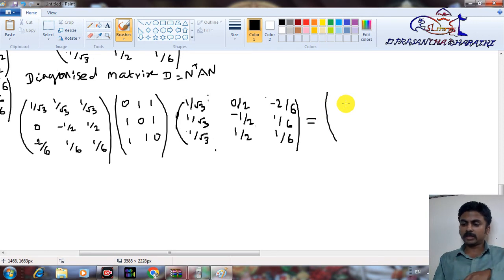For any triangular matrix, the eigenvalues are nothing but the main diagonal elements. Here we will have only a diagonalized matrix, so only diagonal elements are available and all other elements will be 0.